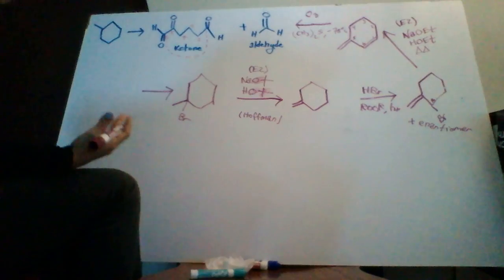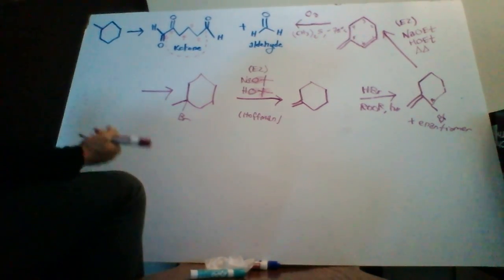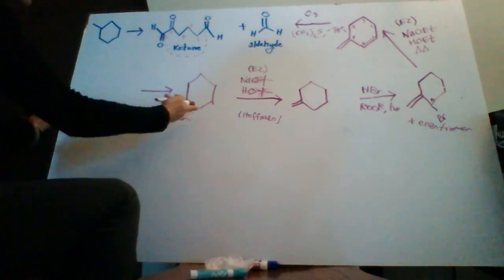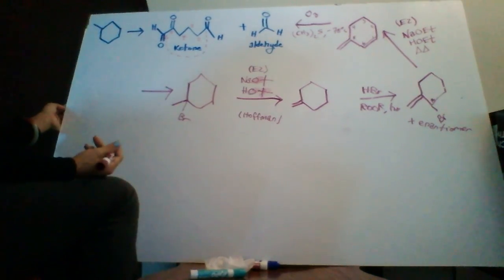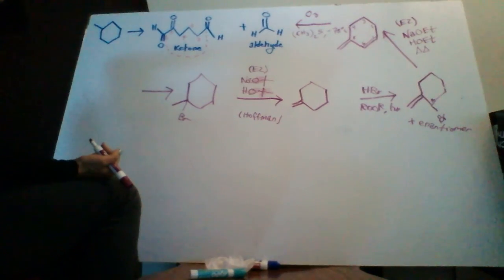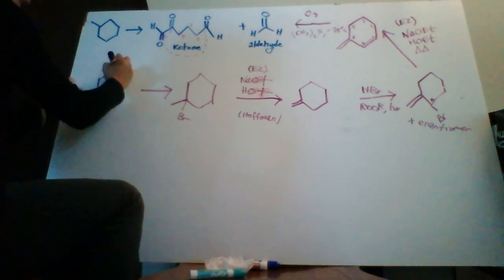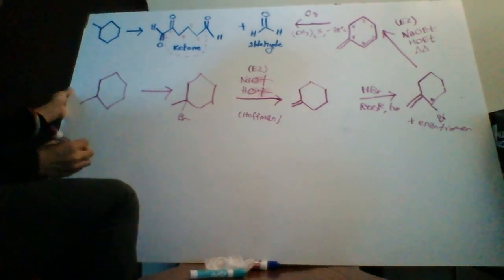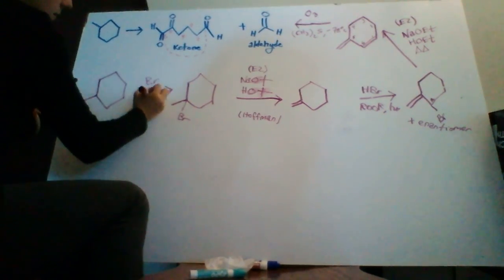All right, so the last step is we need to figure out how we got the bromine in that position. Again, we can use radical reactions, and we need to figure out which one we want. We know that we can't use NBS in light because we need a double bond to do that. Same thing with this reaction with HBr, we need a double bond somewhere in the molecule. The only thing that can add functionality to a molecule that has nothing but single bonds is to add bromine and light.